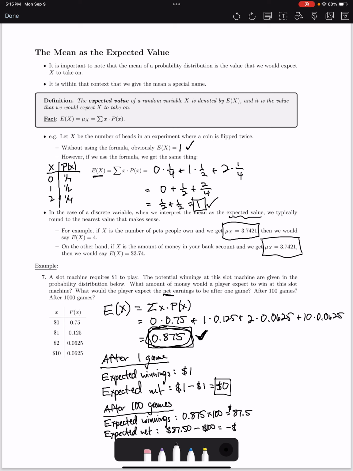Oh shoot, negative $12.50. This is how much you expect to net after 100 games. So you're losing money.